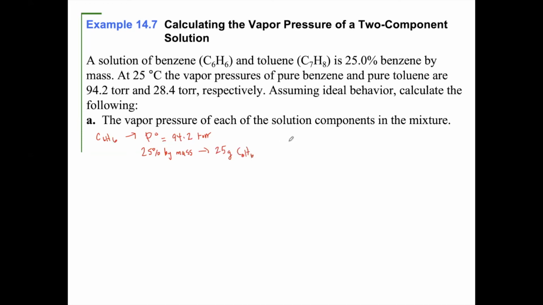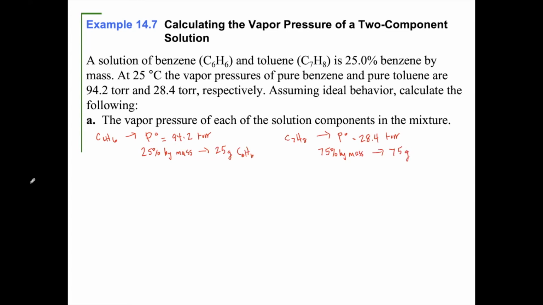For toluene, the pressure of pure toluene, I'm probably mispronouncing that too, is 28.4 torr. Because the benzene is 25% by mass, the toluene is by necessity 75% by mass. In our hypothetical 100-gram compound, that means we have 75 grams of it.